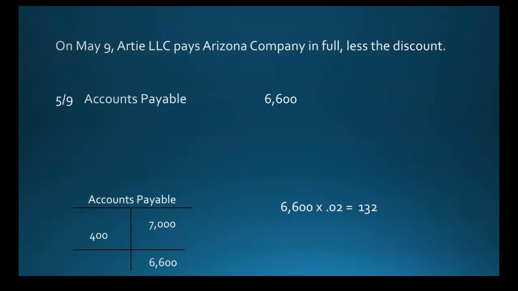That discount, when we're the buyer, gets counted under inventory. So we credit inventory 132, leaving us with one last account, our cash. The amount of money that Artie will have to pay Arizona Company is $6,468.